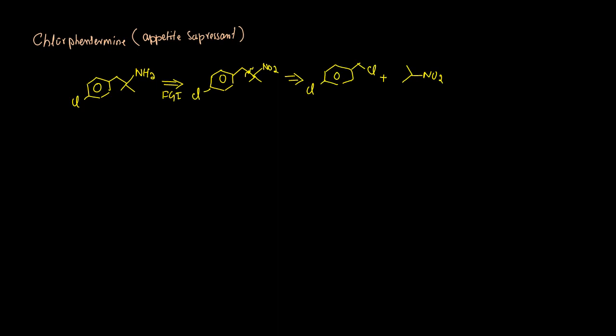So this is a simple retrosynthetic analysis of chlorphentermine, which can be obtained by first reacting 2-nitropropane with a base, and then the enolate is treated to react with benzyl or chlorobenzyl derivatives for generating a nitro compound, which is reduced into an amino compound in the end, because here the nitro group is reduced in the presence of a hydrogenation catalyst into an amino group.